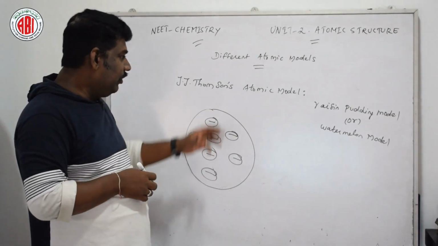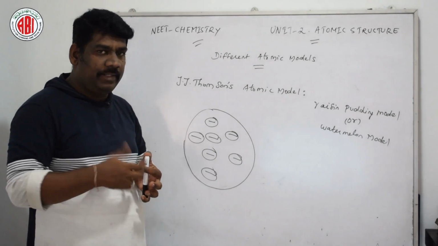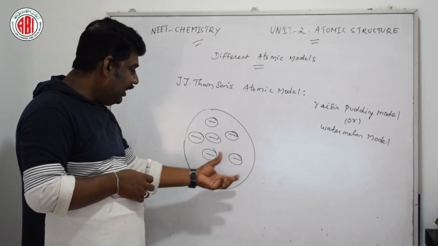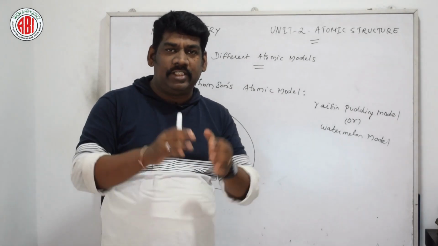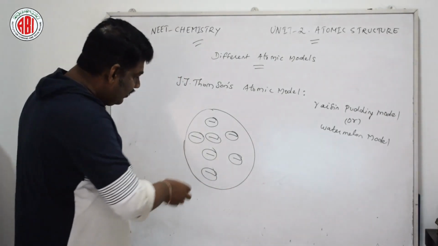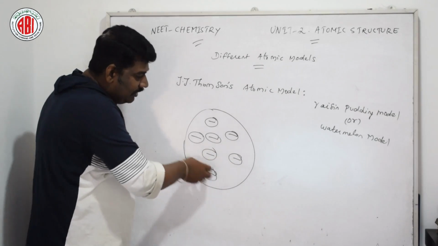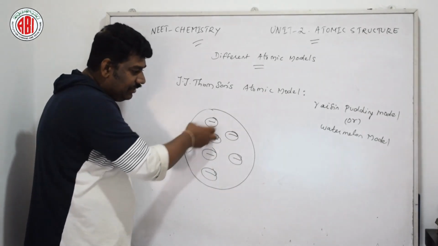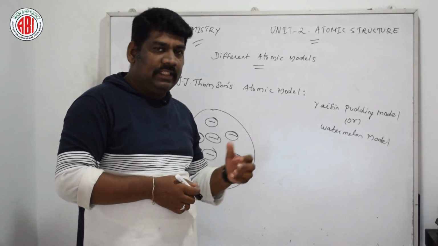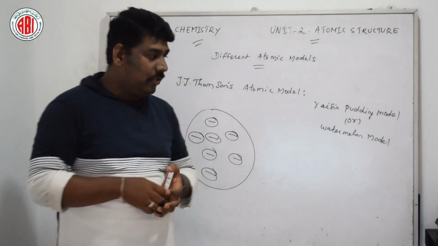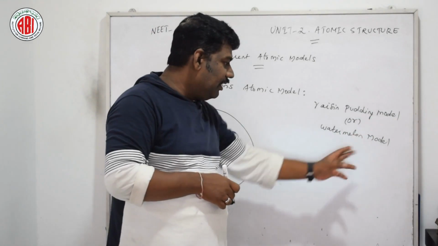Similarly, according to J.J. Thomson's atomic model, the atom is a uniformly distributed sphere where the electrons are embedded in the inner surface of the atom. So this model is popularly known as the raisin pudding model or watermelon model.